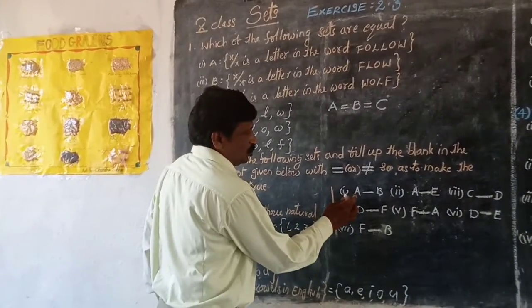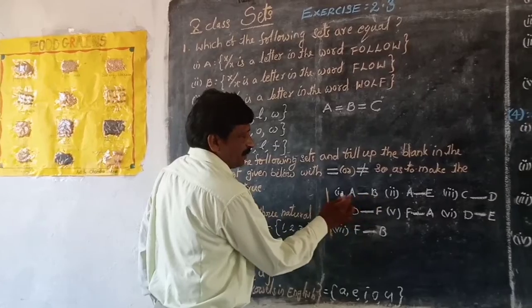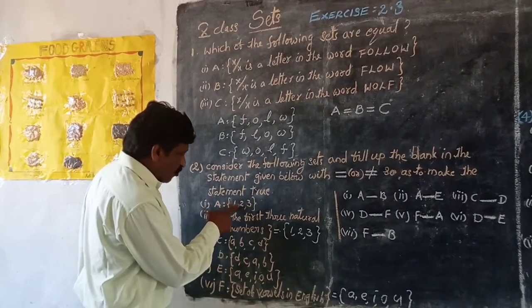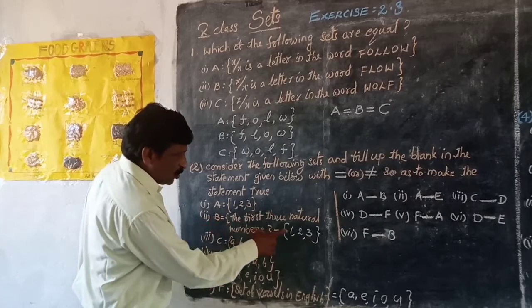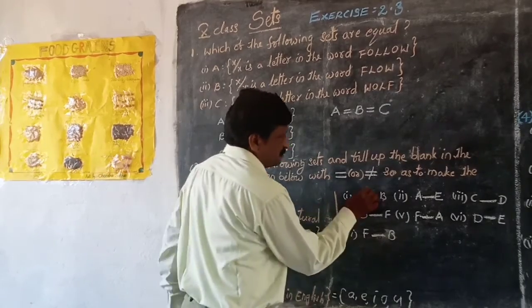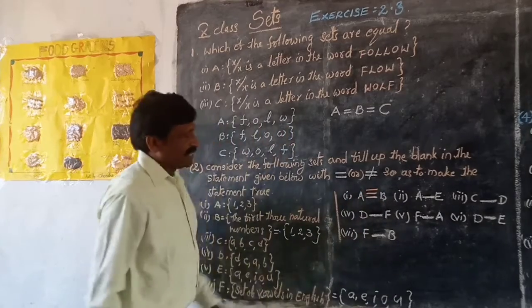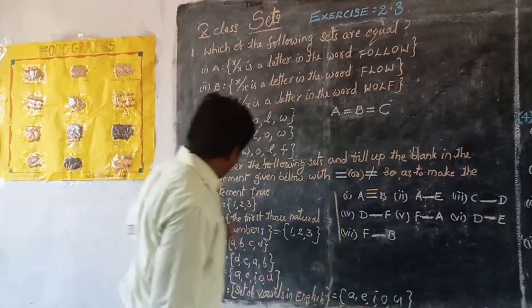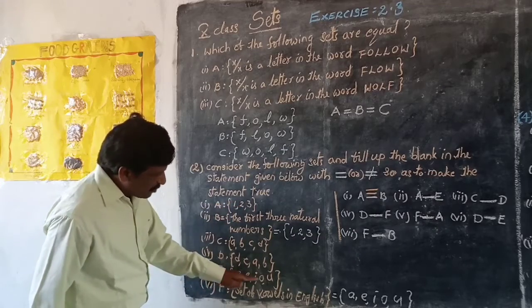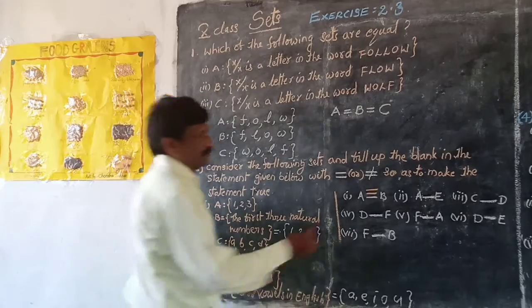First, you should look at A and B. A: 1, 2, 3. B also 1, 2, 3. So is equal. Second, A and E. A: 1, 2, 3. E: A, E, I, O, U. Not equal.